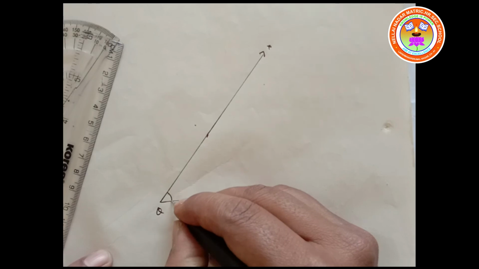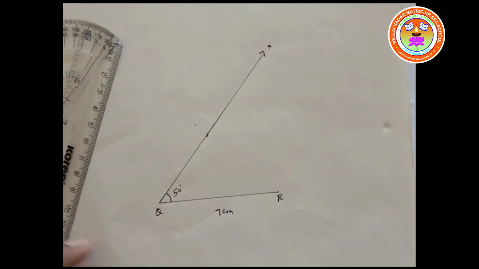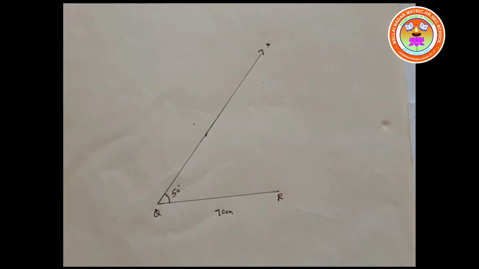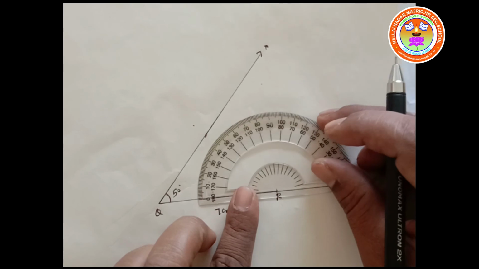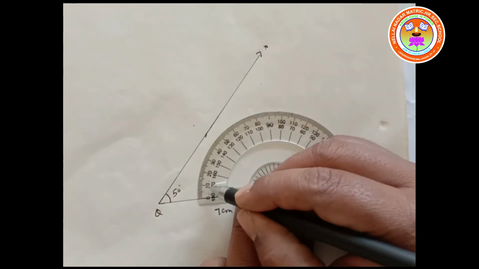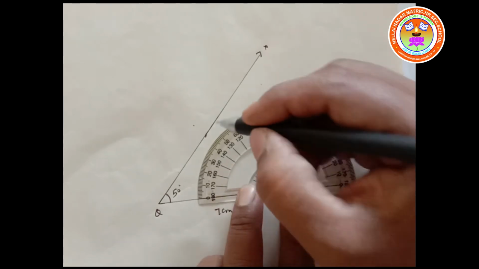Same way from R you have to mark 50 degree, towards your left side. So outer angle 0, 10, 20, 30, 40, 50.